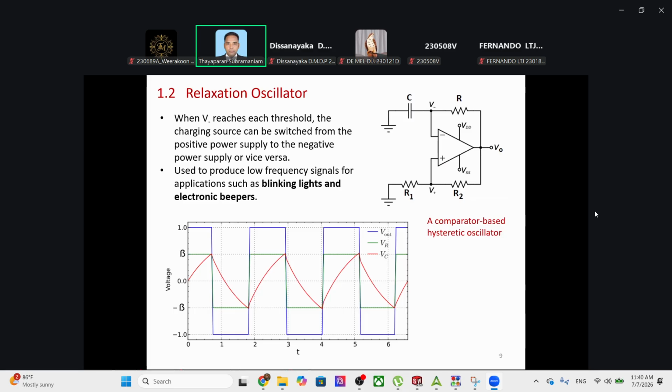The supply voltage to the charging and discharging path is not V out, but V out minus VD, the diode drop. If you put the diode here, you have two resistors: one path for charging, another for discharging.